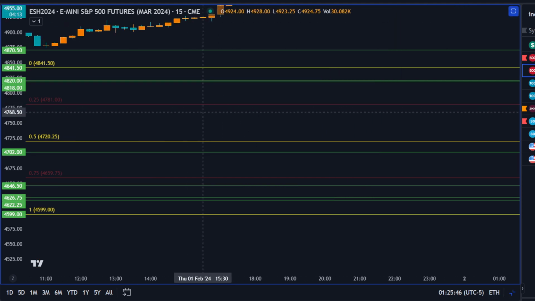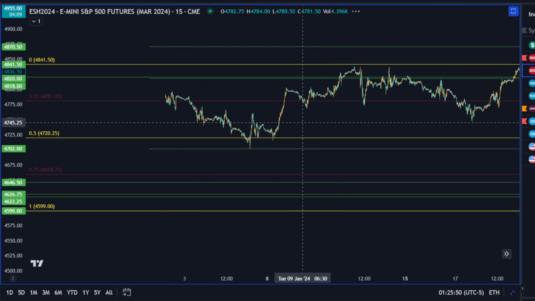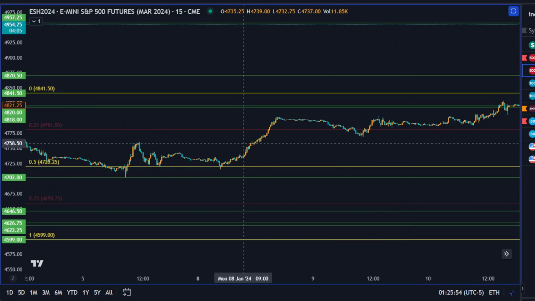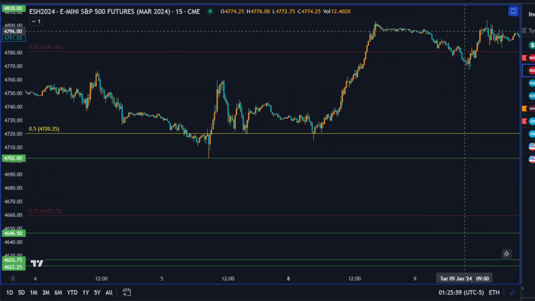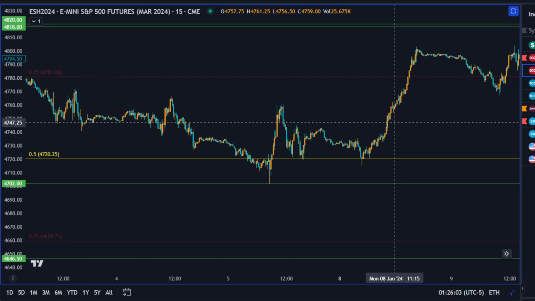And on the 15-minute chart, you'll see how that could have been fruitful. Okay, I'm not saying that you would know about this and have an idea of really what was going on, especially given the context of the month of January and what's been going on with the market so far.